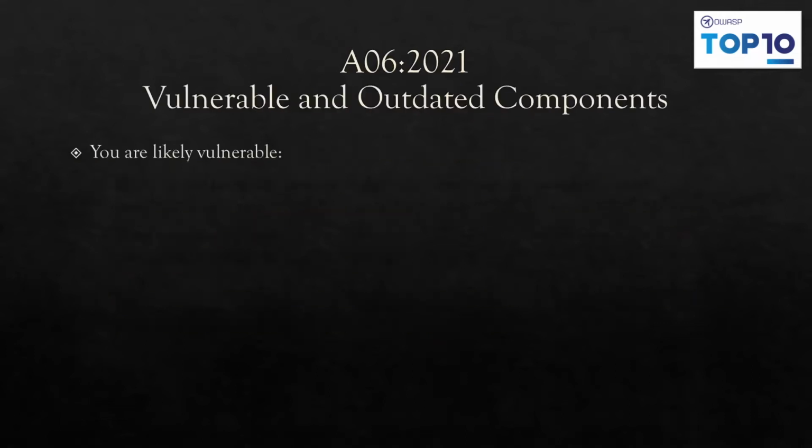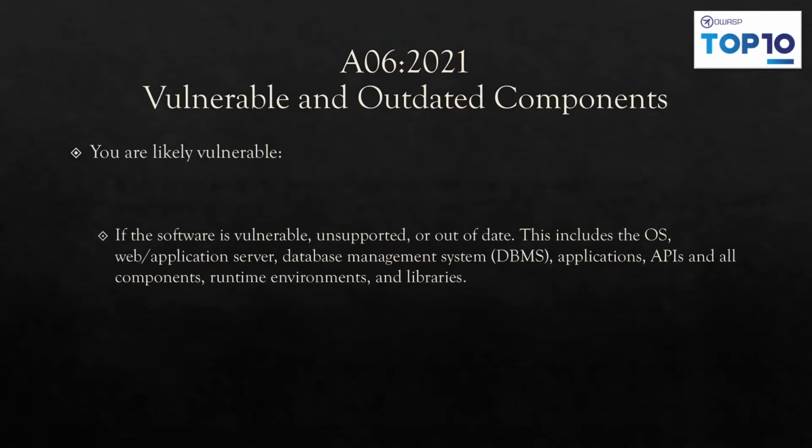Vulnerable and outdated components are sort of an element of what was previously described. If it's vulnerable, unsupported, or out of date, you definitely want to keep everything up to date. The Equifax breach happened because an Apache Struts server wasn't updated.